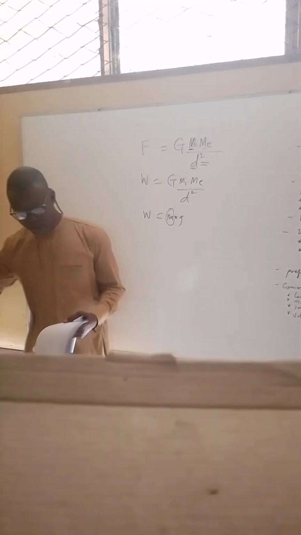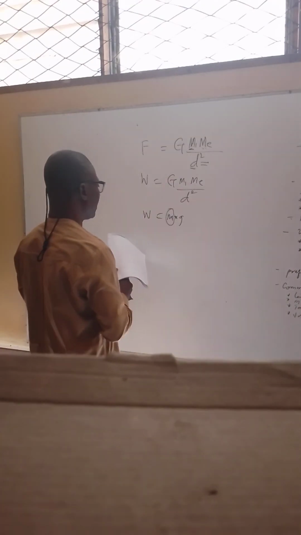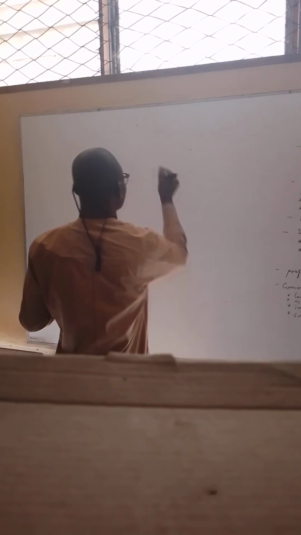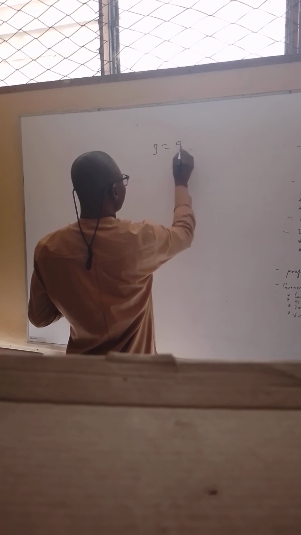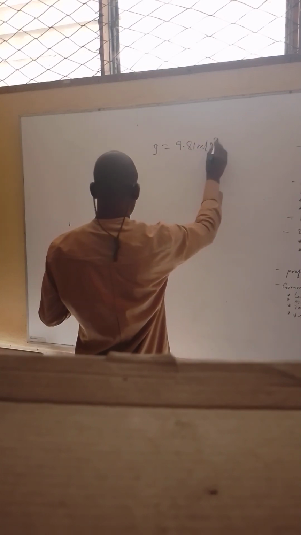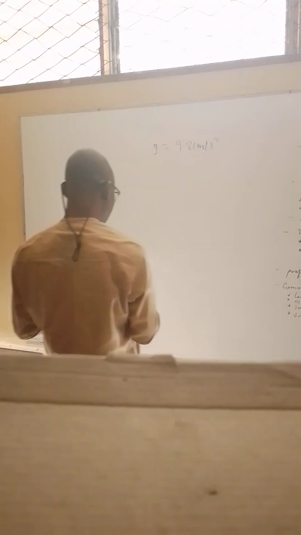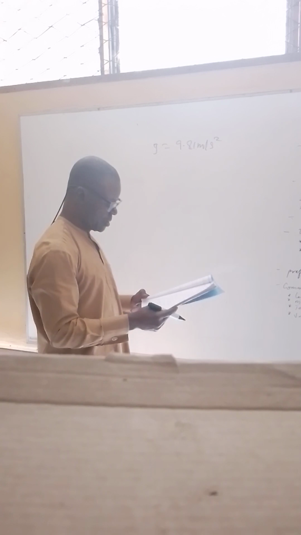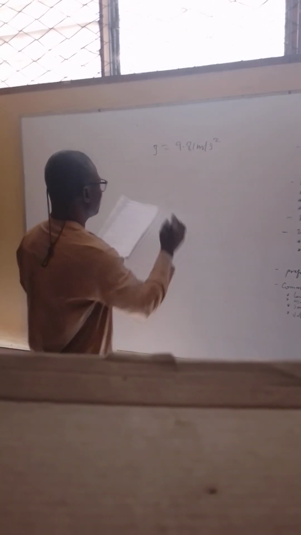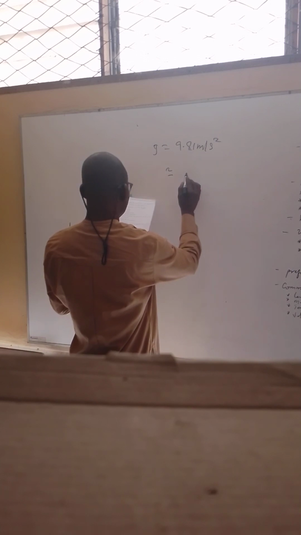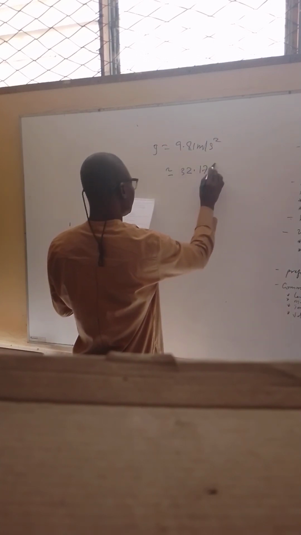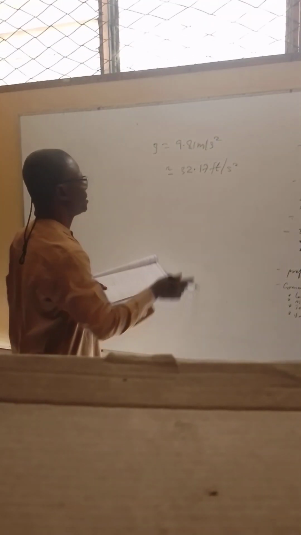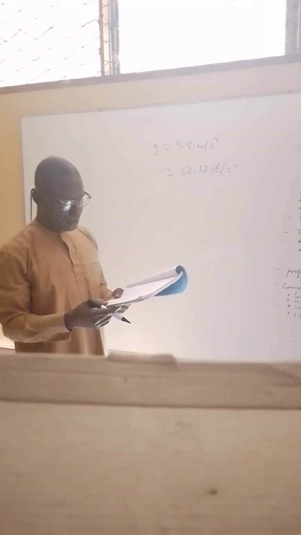We have its approximate value to be g equal to 9.81 meters per second squared at sea level and latitude 45 degrees, the standard location, which is also approximately 32.17 feet per second squared in different units.